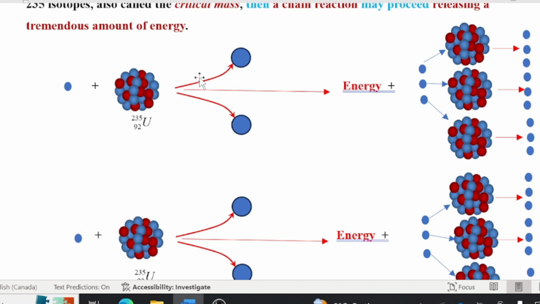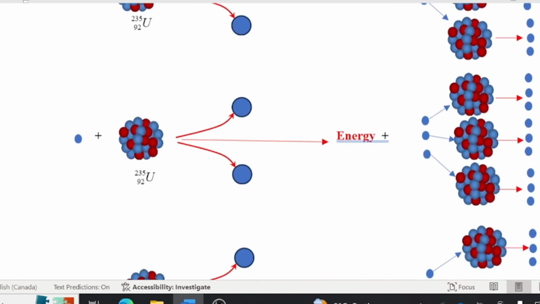If this neutron here is allowed to be absorbed by another uranium-235 atom, look what happens. It breaks apart to produce these 2 smaller nuclei, and it produces a large amount of energy and 3 more neutrons. These 3 other neutrons can each be absorbed by another uranium-235 nucleus, and each of these in turn can give another 3, and the same thing repeats itself down here.